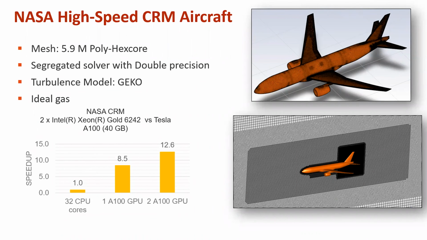Again, you can see that by using a single A100 GPU card, you were able to get almost 8.5 times the speed up from 32 CPU cores. And if you increased it from 1 to 2 GPU cards, then you're getting almost 12.6 times the speed up from 32 CPU cores.